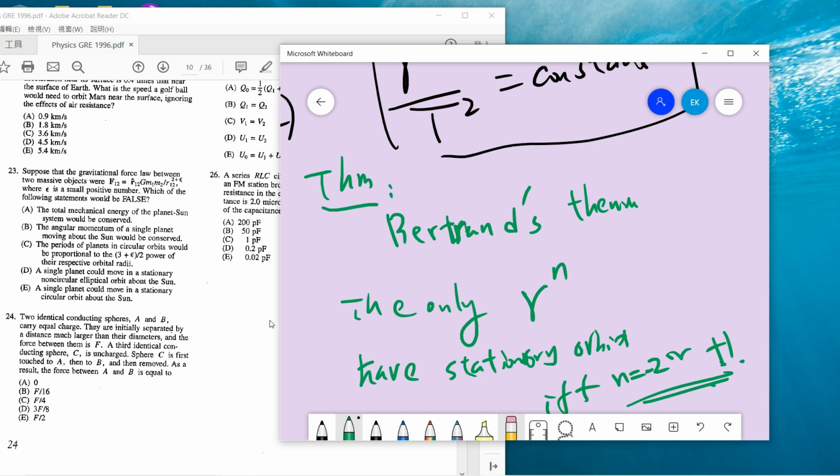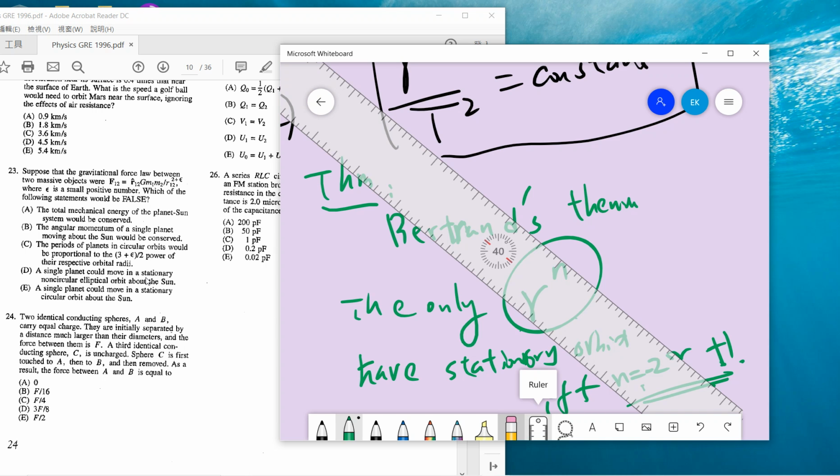So that means only the harmonic oscillator, basically kr, or the standard Newton force has circular and stationary orbits. So D is not correct. D is not correct. So the answer is D.